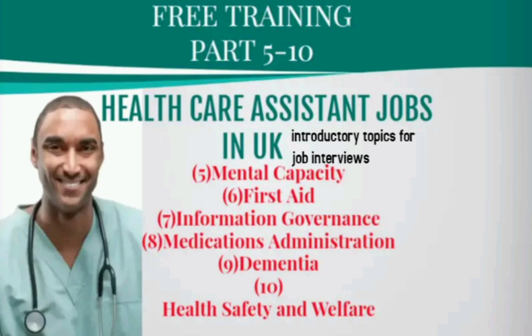Dementia is memory loss, basically. You can classify dementia as the loss of ability to remember and to reason, in such a way that it begins to affect their daily life.